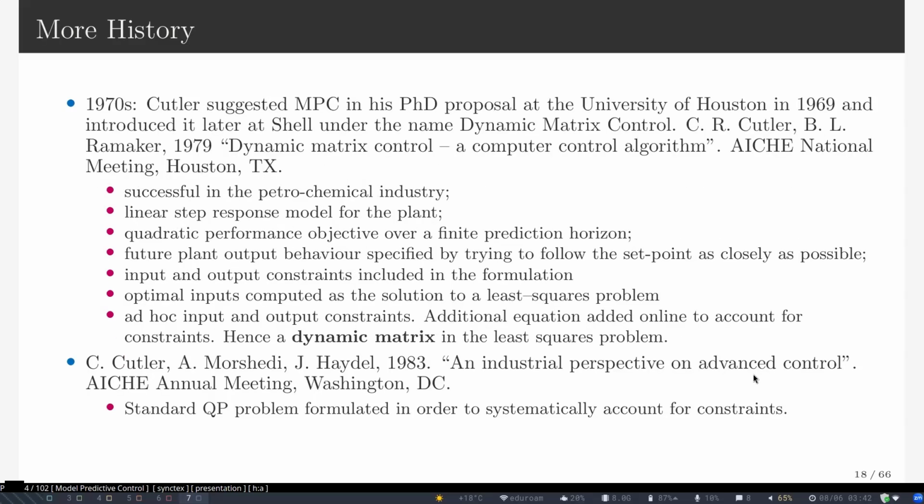There was this other paper in the 70s, a late 60s PhD thesis, that talked about similar things as well. It was implemented in the petrochemical industry. And for around 30, 40 years, process industry was the only place that MPC could be implemented. Now, why do you think that was the case?